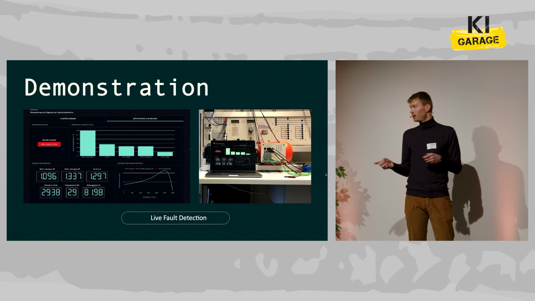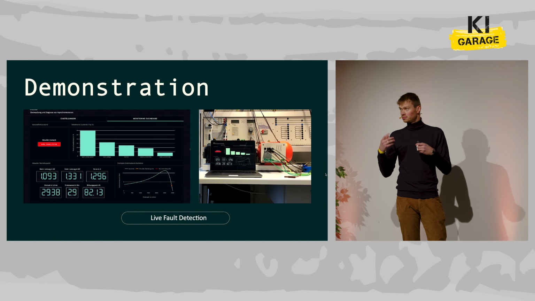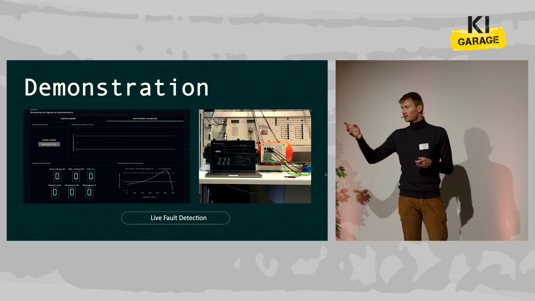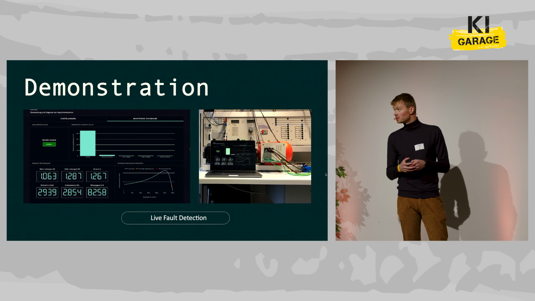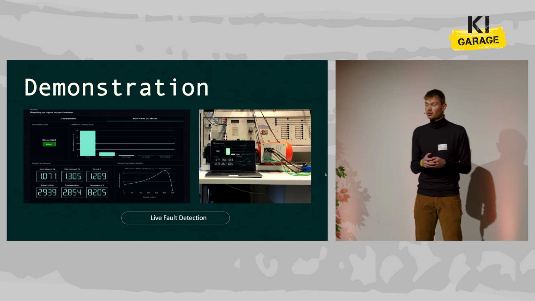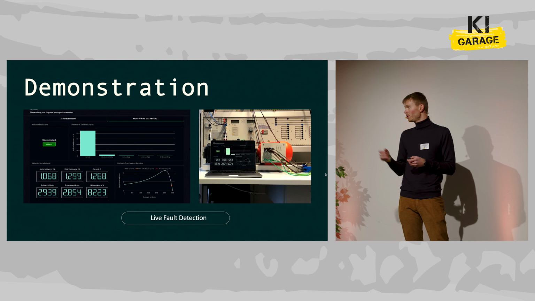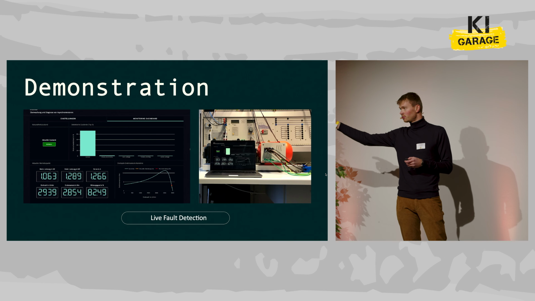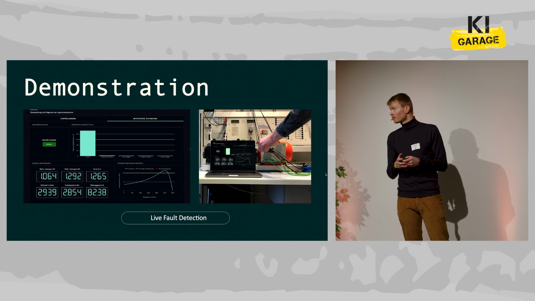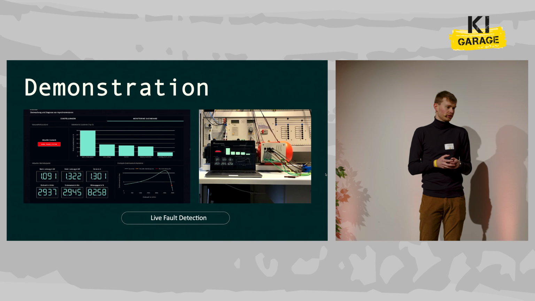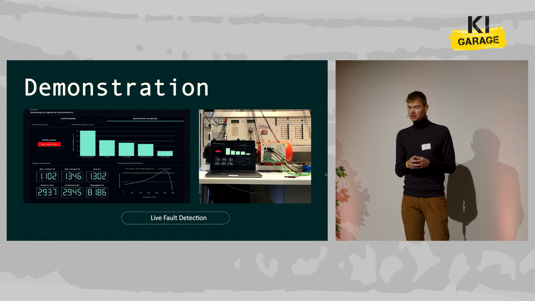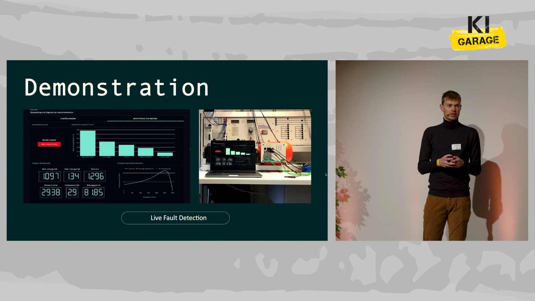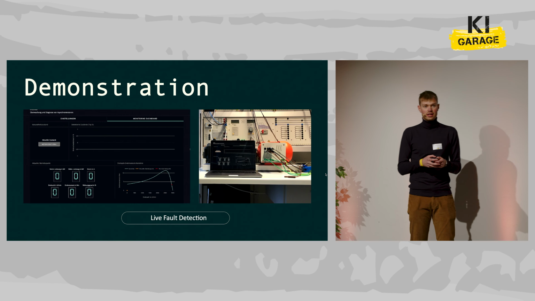And I will explain again, so it will start from the start. First, it's standing, it's gray, then it's starting, it's running, the state is the normal state, and then some fault is implemented on the right. You can see it right now. And this is recognized by the AI, so yeah, it works. And I will carry on with the next slide.